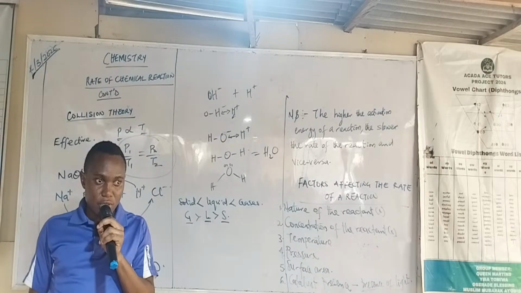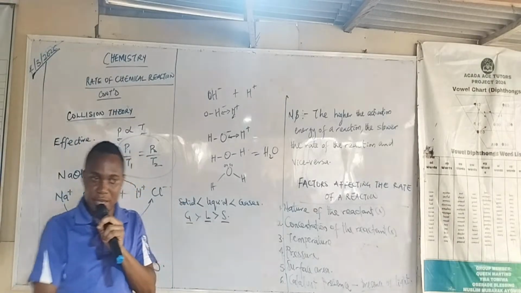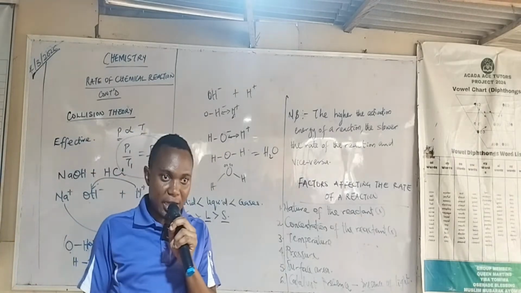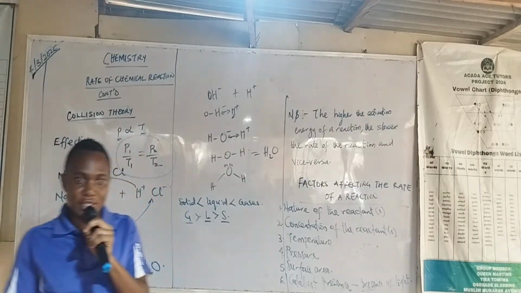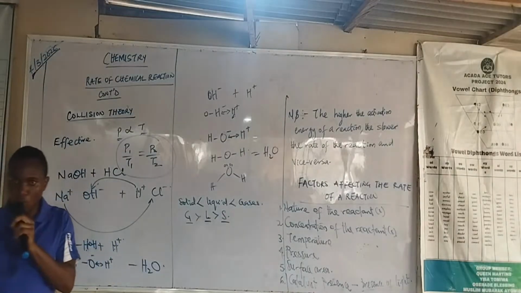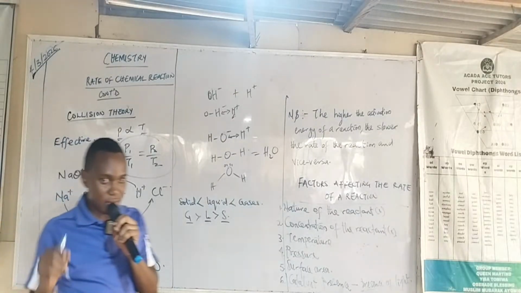Yes or no? So the larger the surface area, the higher the rate of what? Chemical reaction. And the smaller the surface area, the lower the what? The slower the what? Rate of chemical reaction.